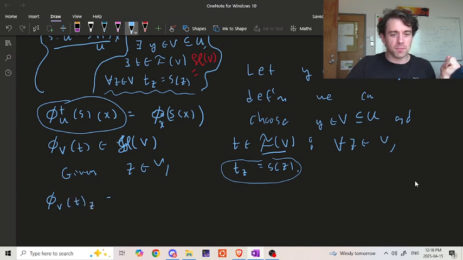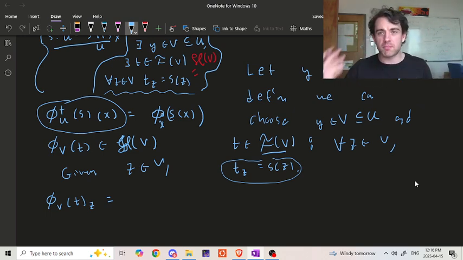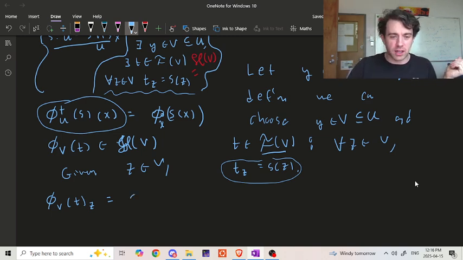Well, by all of our compatibilities of sheaf maps and sheaf morphisms, this would be the exact same thing as taking the induced map on the stalks at z from phi, and applying that to the germ of t at z.